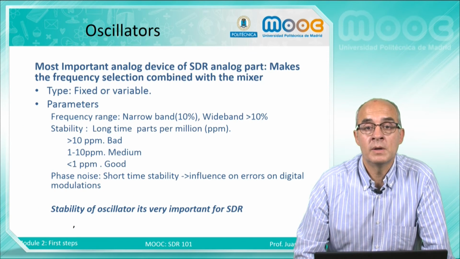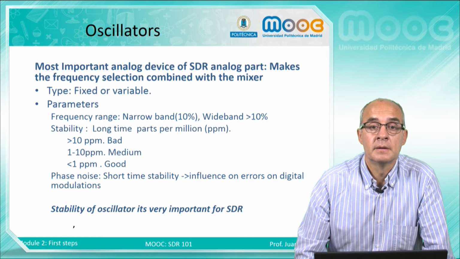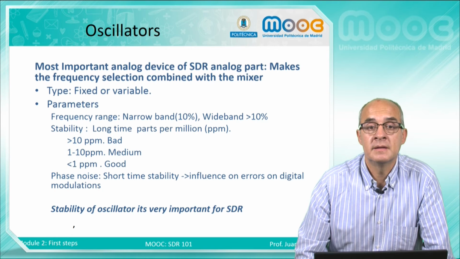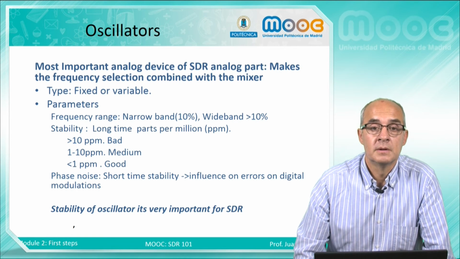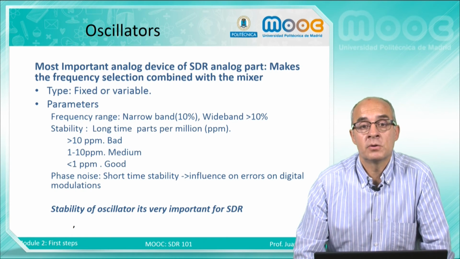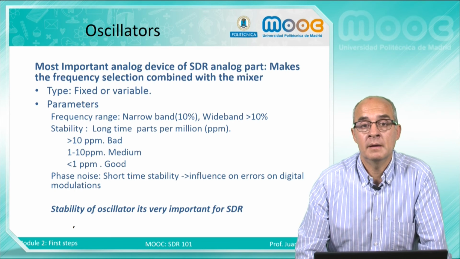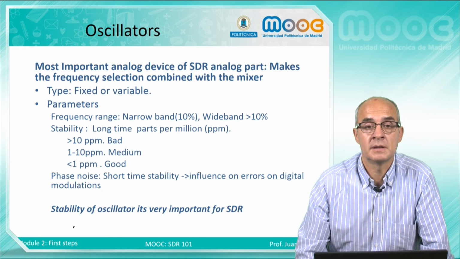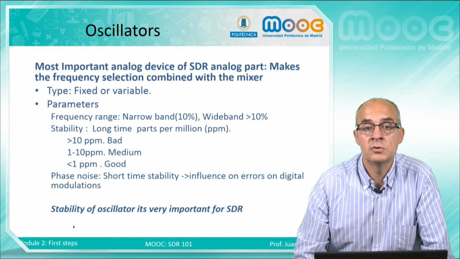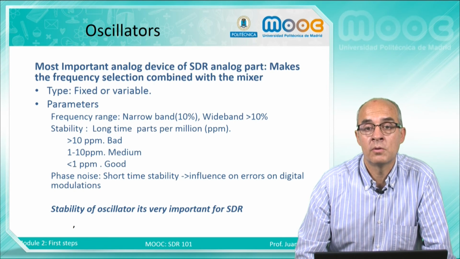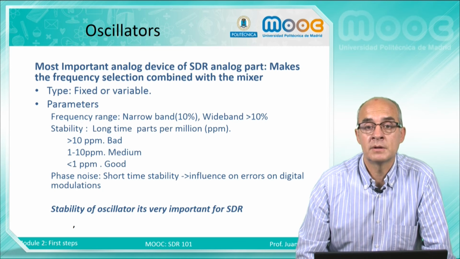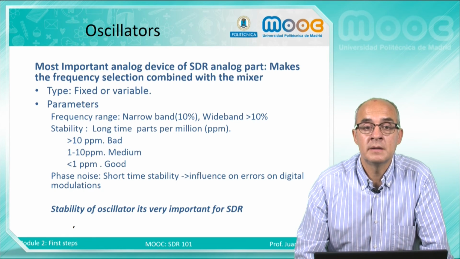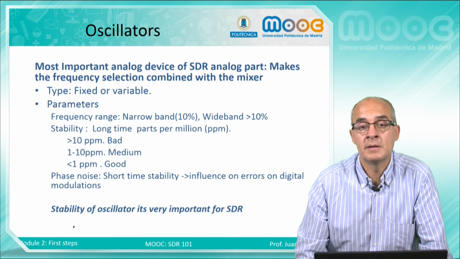Then also we have another important part, which is the most important analog part of the SDR, and this is the oscillator. The oscillator can be fixed or variable, and they must select the receive or transmit frequency. Normally SDR use wideband oscillator covering several hundreds of megahertz. On this oscillator, the quality is measured with the stability.